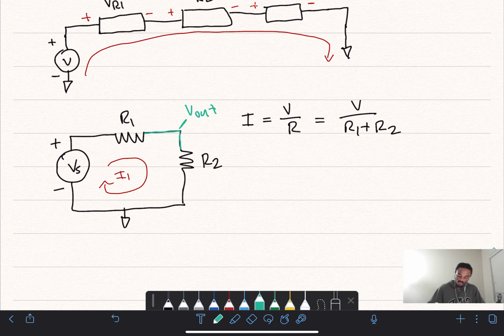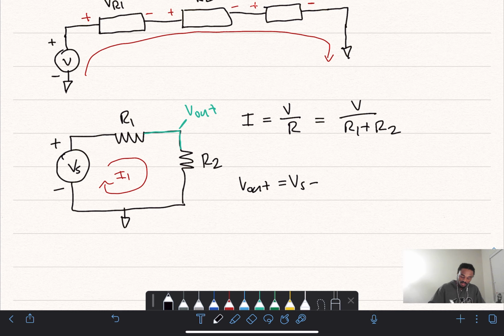Our output voltage would be defined as V out equals Vs minus the voltage across R1. So you see that as the current drops, the voltage potential will drop from Vs to V out, and that drop is caused by the current going through R1.